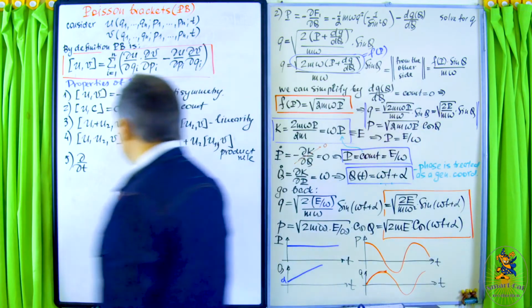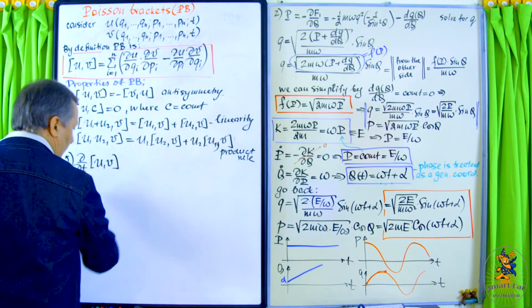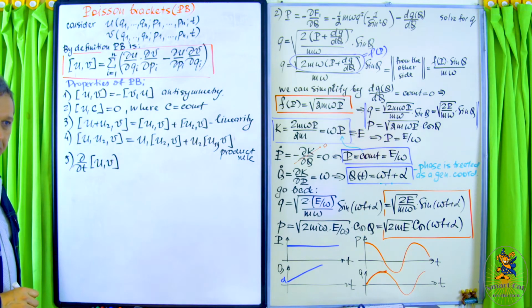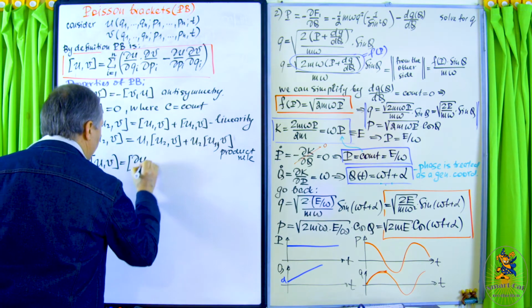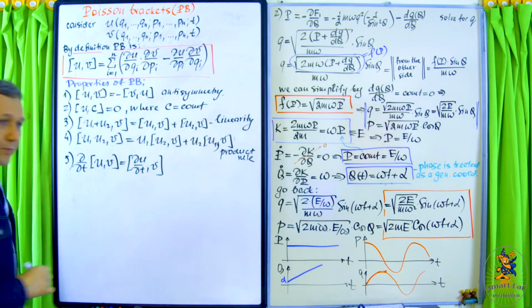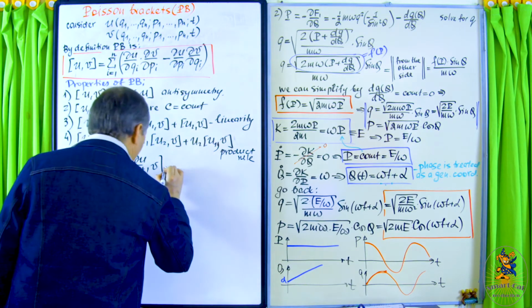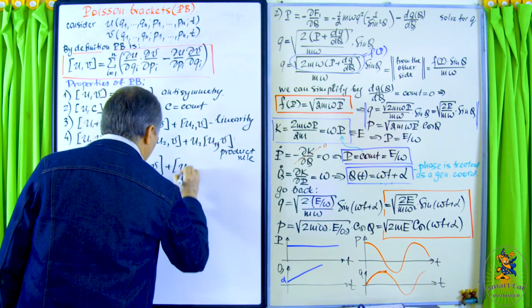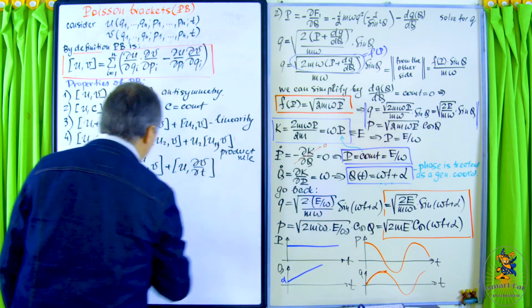What if you differentiate u bracketed with v? So it will be the Poisson bracket of the partial derivative of u with respect to t, bracketed with v, plus u bracketed with dv over dt.